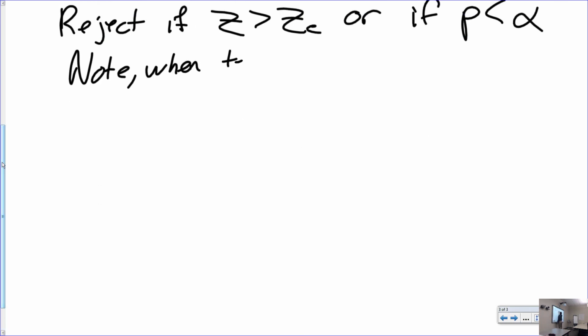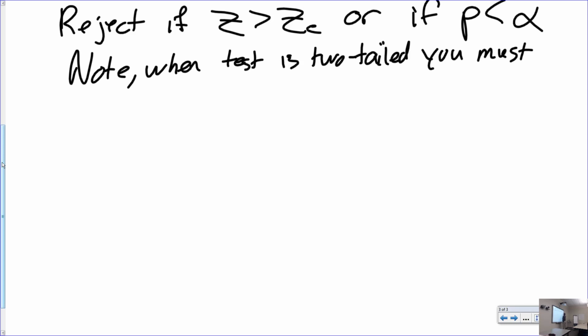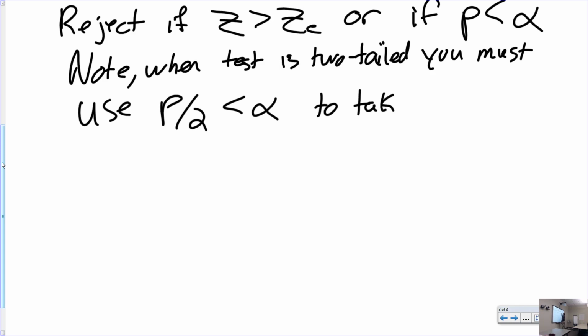So note, when the test is two-tailed, you must use 2 times P less than alpha to take into account both tails.